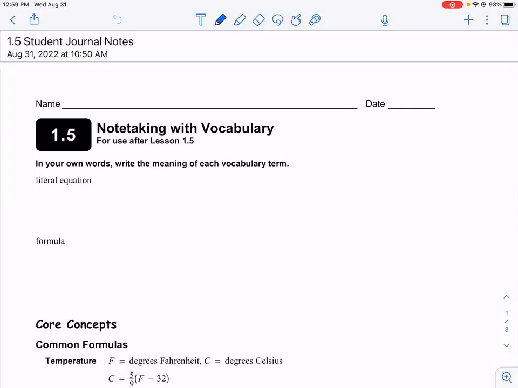We are going to work with what we call literal equations. Okay, what is a literal equation? It's an equation with two or more variables.